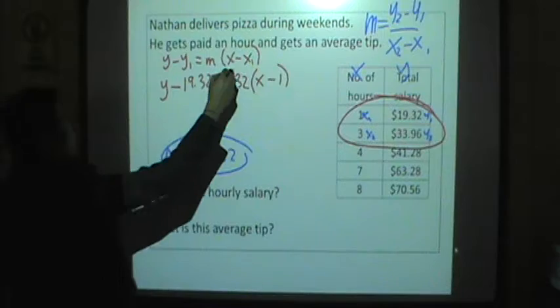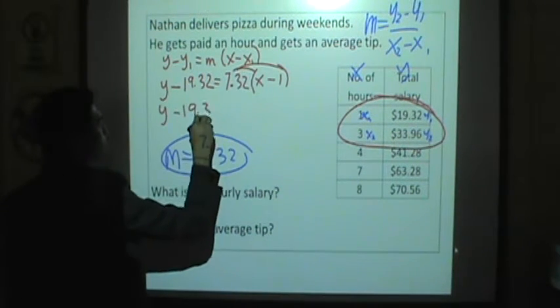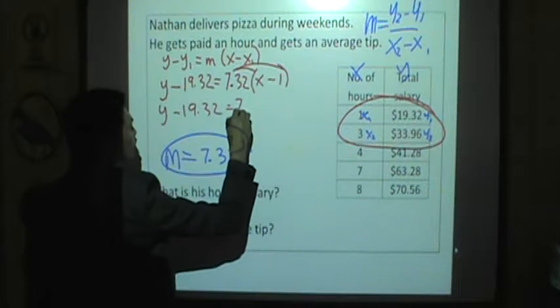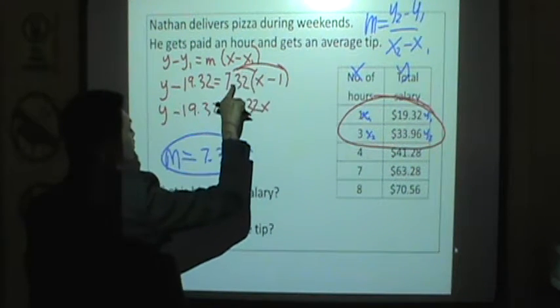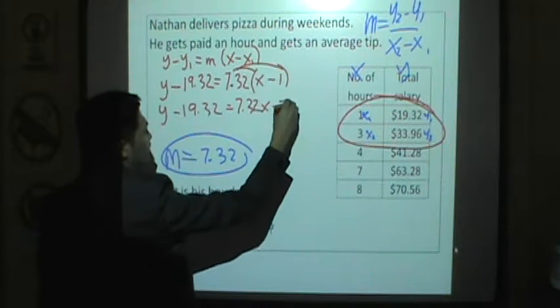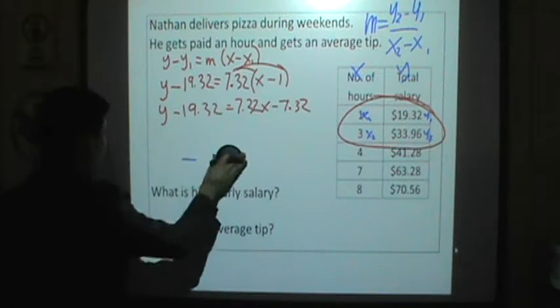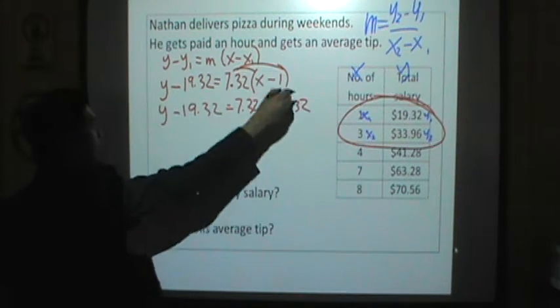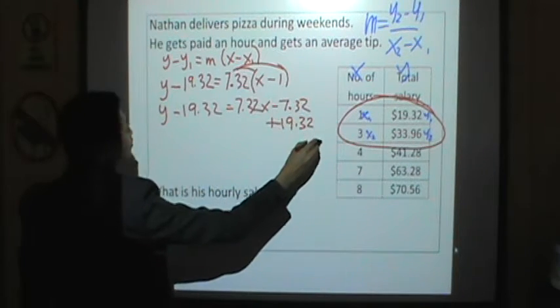Now we can go ahead and distribute. So you have y minus 19.32 equals 7.32x, distribute, 7.32 times negative 1 is negative 7.32. Then minus 19.32 moved over becomes plus 19.32.